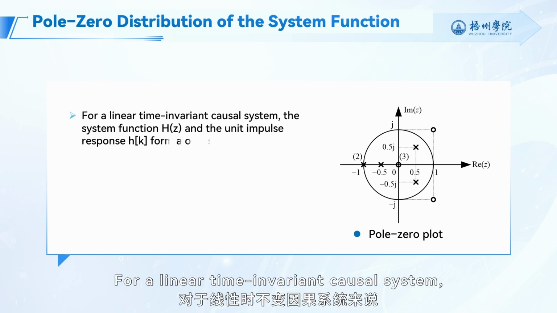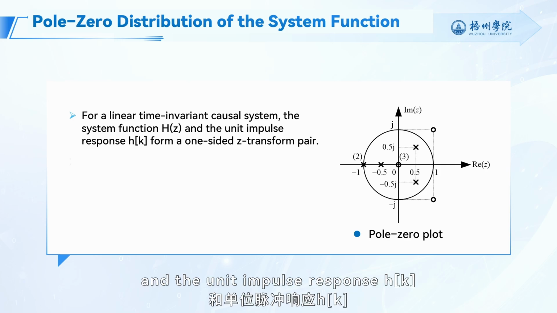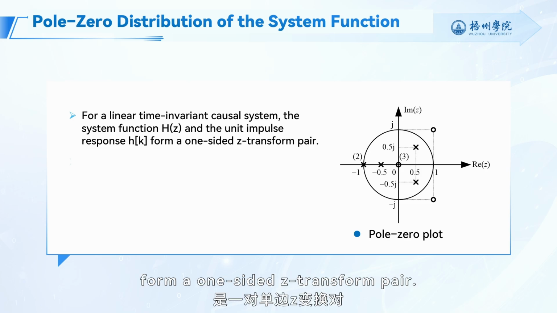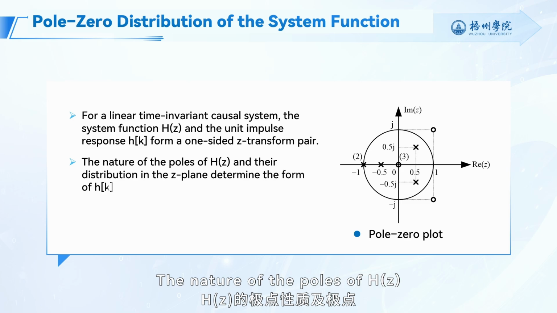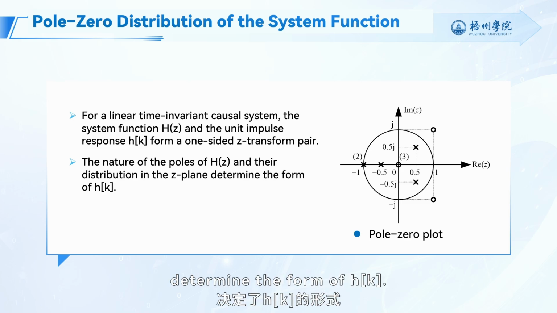For a linear time-invariant causal system, the system function H(z) and the unit impulse response h(k) form a one-sided z-transform pair. The nature of the poles of H(z) and their distribution in the z-plane determine the form of h(k).